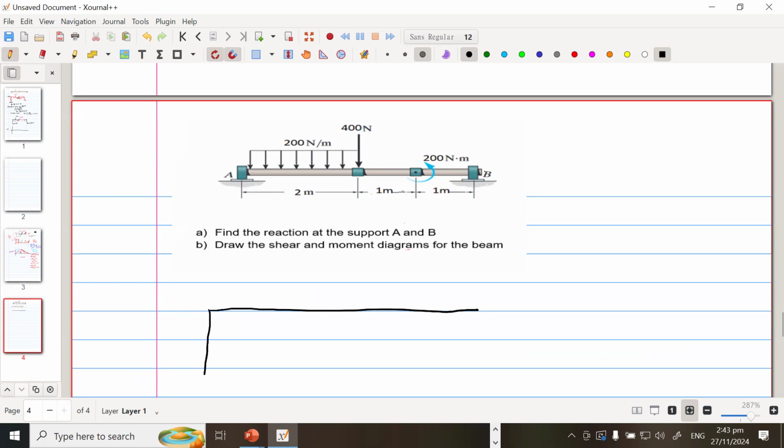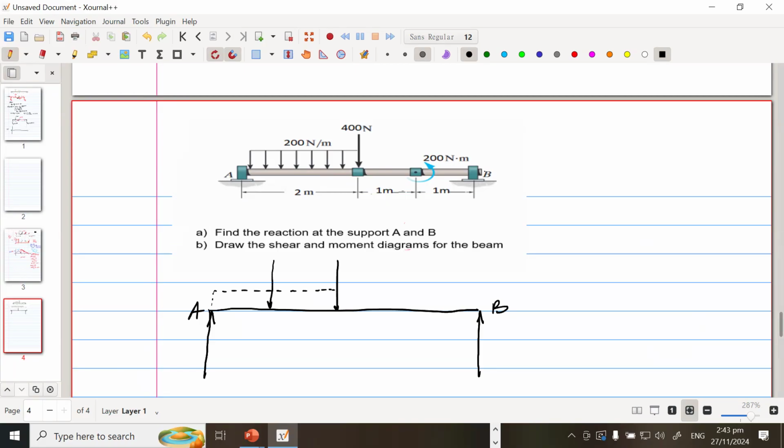And remember, your UDL is going to be converted to a... can anybody tell me what you do with the UDL? Someone hear me? What do I do with the UDL? You convert it into a force that is acting on a single point. Yes, you convert it to a concentrated load, a point load.